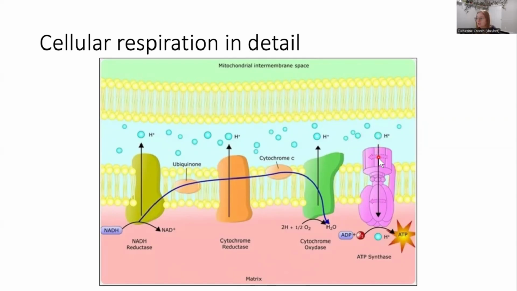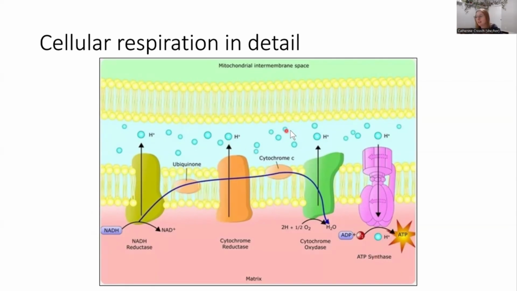So as the hydrogen moves back into ATP synthase, and again, it's following its concentration gradient, so this is not requiring energy. This part, pumping them into the intermembrane space, going against the concentration gradient, does require energy, and the energy comes from those high energy electrons. As the hydrogens leave through ATP synthase, it turns and it grabs a phosphate and it pops it onto ADP and it produces ATP.